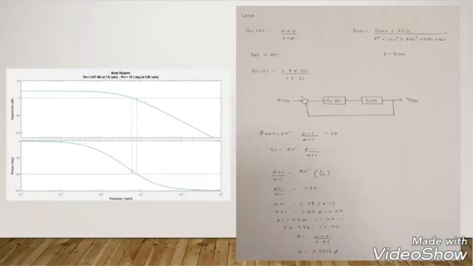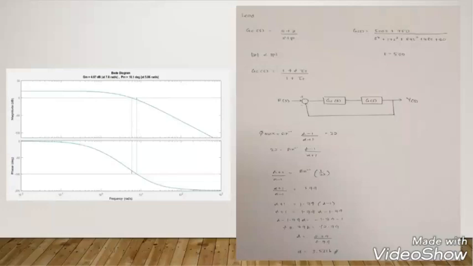So you can see this is the gain crossover frequency, a straight line for the phase margin, and also the point of the 180 degrees for phase, a straight line up, which we call the gain margin.